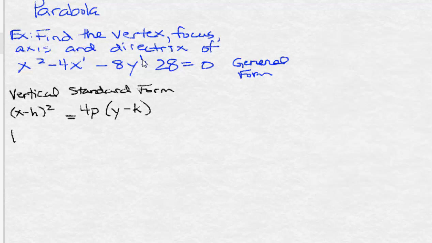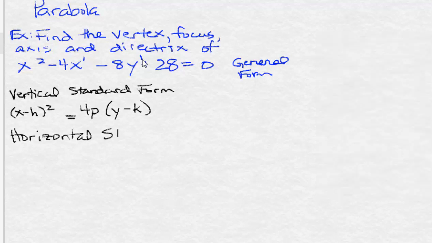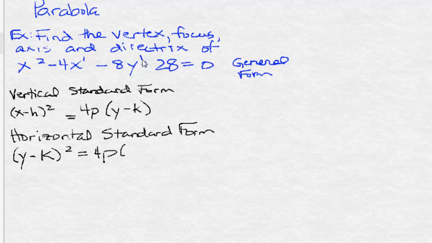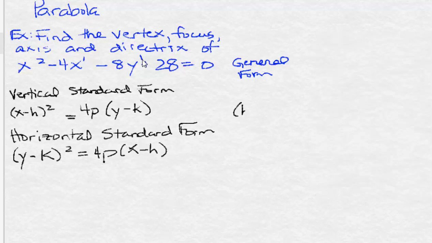And very similar to the standard form for a vertically oriented parabola, the horizontal standard form is (y minus k) squared equals 4p times (x minus h). Now remember, regardless of which type of parabola we have, h and k represent the coordinates of the vertex of the parabola, and p is the distance between (h, k) and the focus, which I'm going to call f.